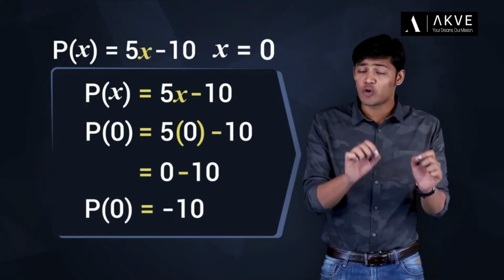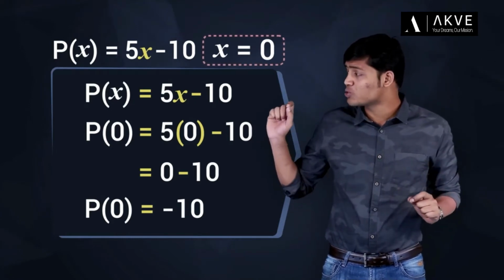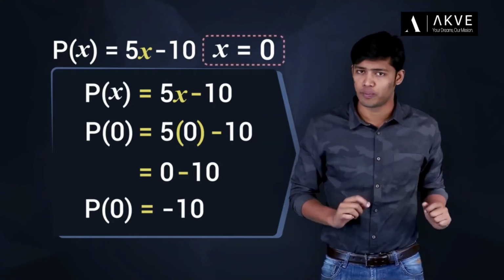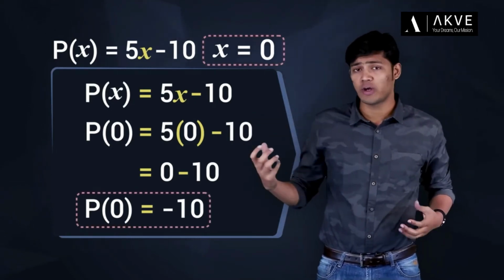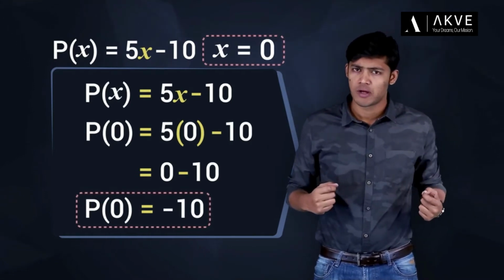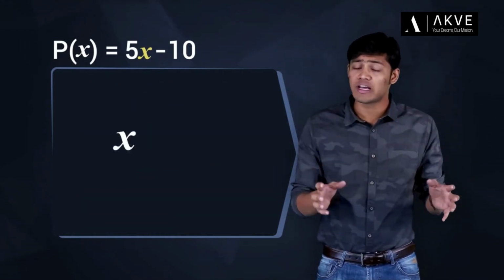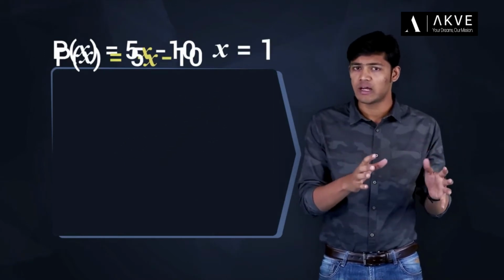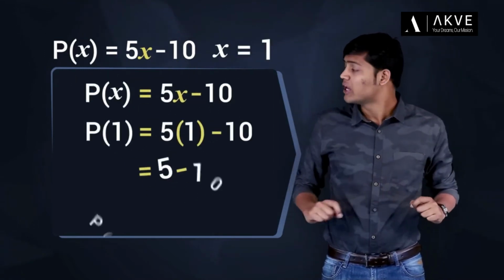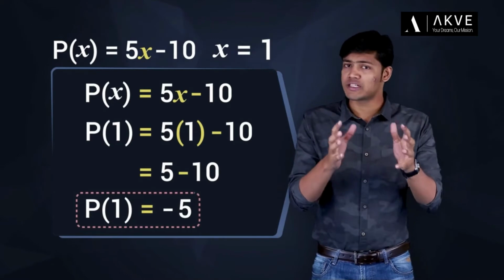Therefore, at the value of the variable x equal to 0, the value of the polynomial, that is p of 0, is equal to minus 10. Now, if the value of the variable is equal to 1, then the value of the polynomial will be p of 1 equal to minus 5.